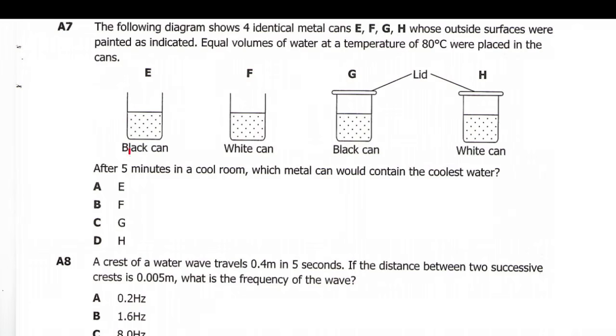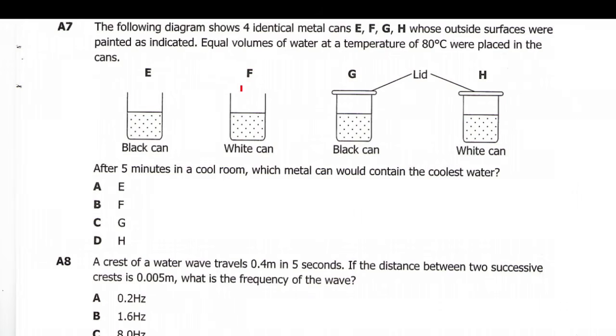So the answer is A, because black substances are good emitters. They release heat quickly to the environment, and also they are good absorbers of heat. But in this case, they are not absorbing, they'll be losing since they have been put in a cool place, and since it is open, it is going to lose more heat through the opening and through its side since it is painted black.